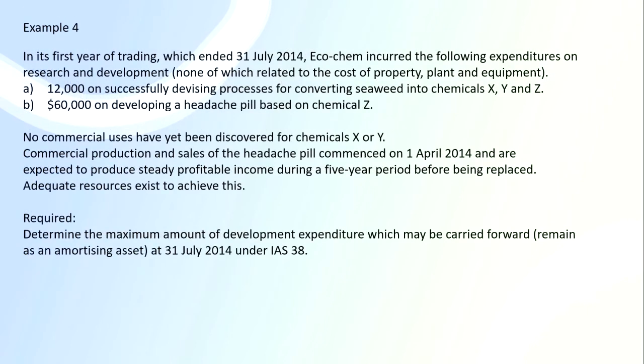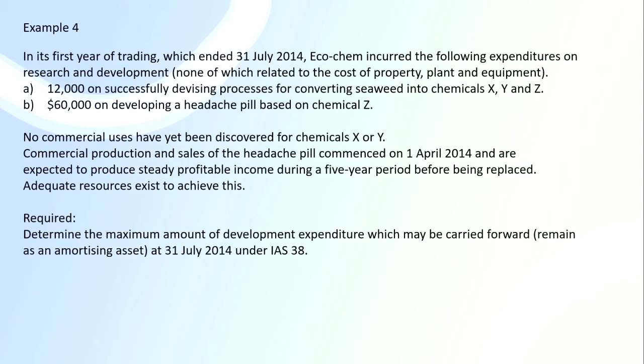As for example 4, determine the maximum amount of development expenditure which may be carried forward or remain as an amortized asset at 31st July 2014 under International Accounting Standard 38.